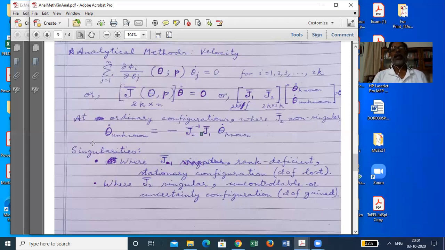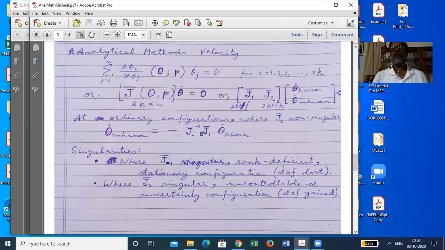Now, there are two kinds of singularities. If this J1 matrix is rank deficient, then it might happen that with some given known velocities, if that is in the null space of this rank deficient matrix, then J1 times this may be 0.